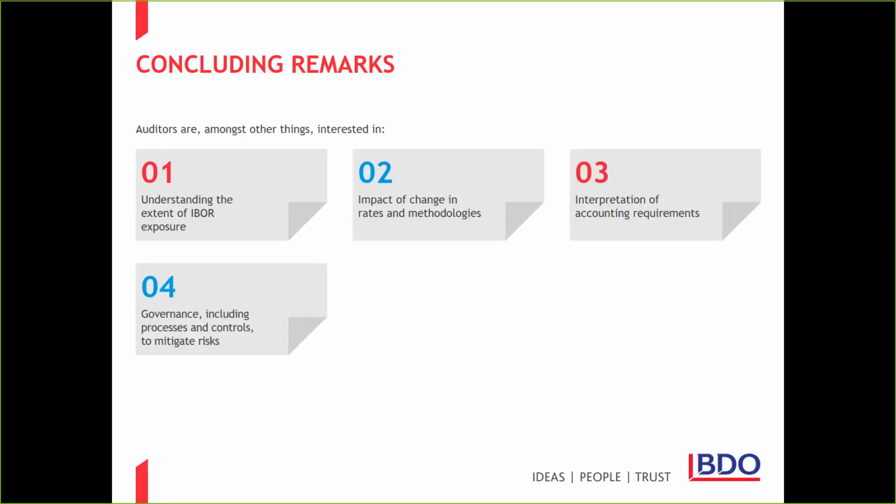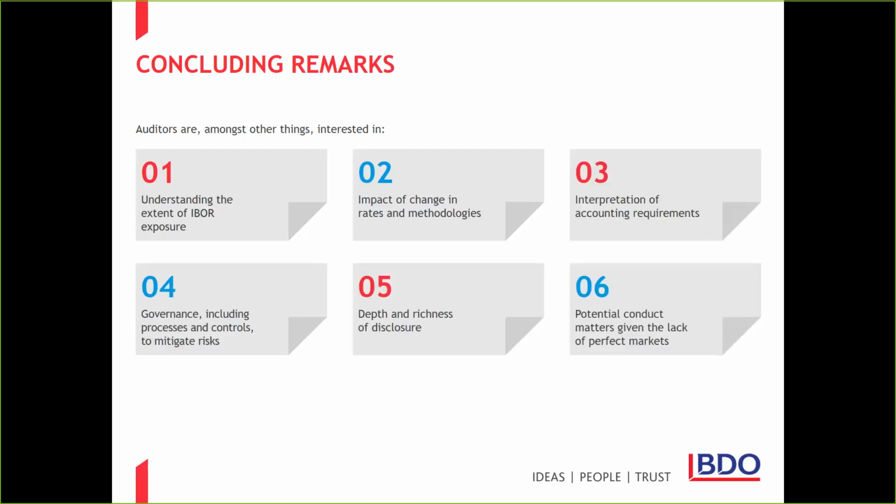The governance, process and controls that are being designed and implemented in light of interest rate benchmark reform. How is all of this being disclosed in the financial statements? And, with the best will in the world, given the complexity, mistakes may be made, giving rise to conduct claims. So in short, how is management responding to interest rate benchmark reform?